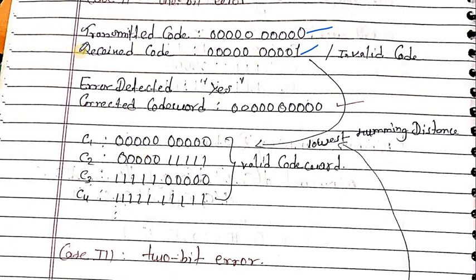So what does the receiver do? The receiver matches the received code word with the valid code words, to find from which valid code word the received code word has the lowest Hamming distance.